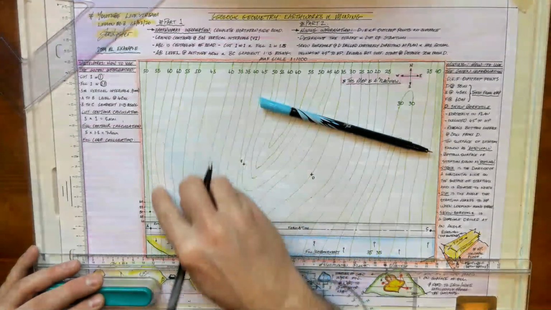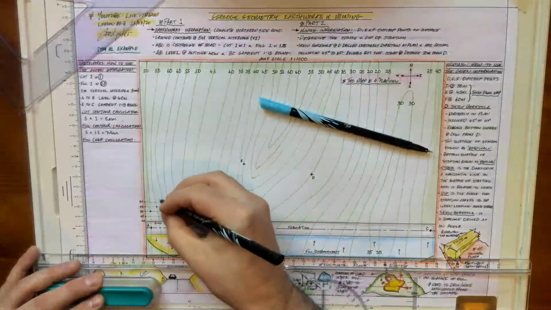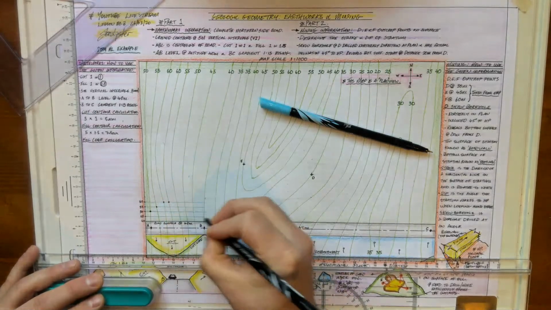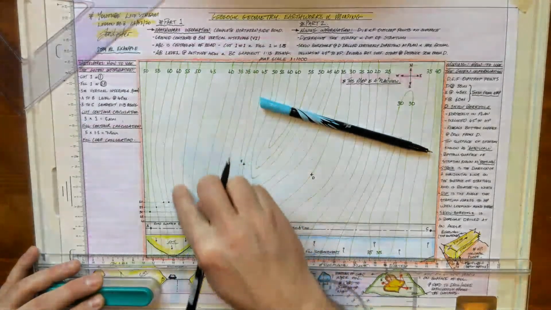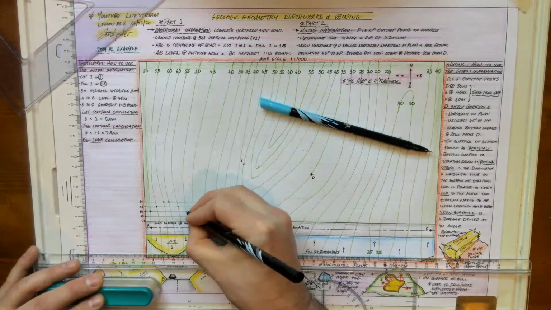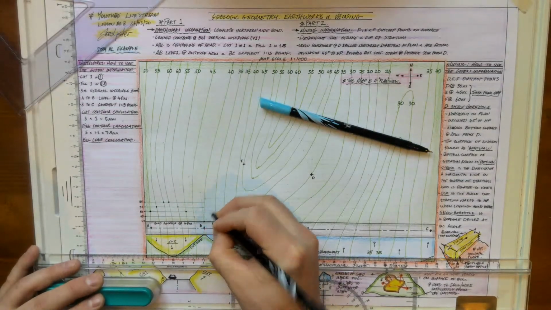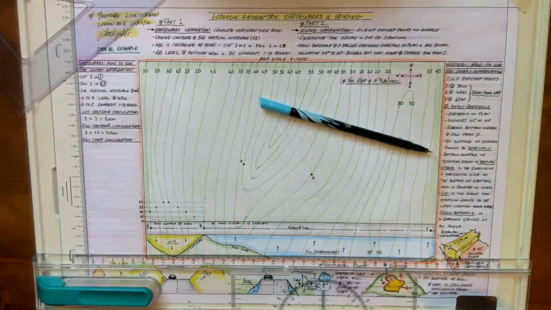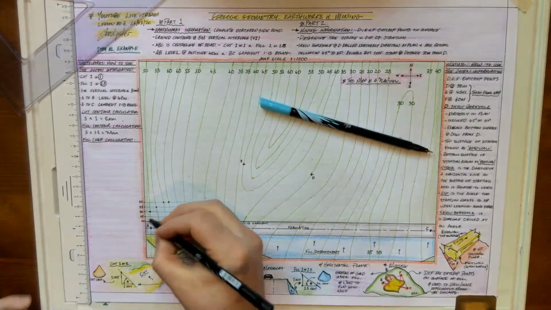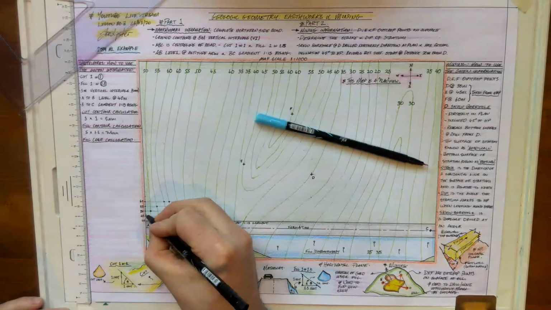Where 55 meets 50 or 60 meets 60, and that'll be in two positions there. 55, 50, 45, and then 40 hits the edge of the road right there. We stop it right there. So all I do then is join in off the edge.